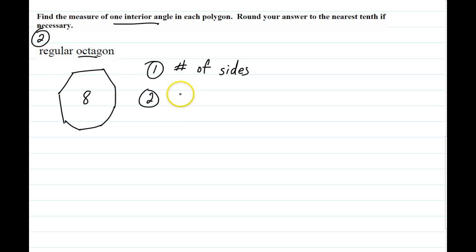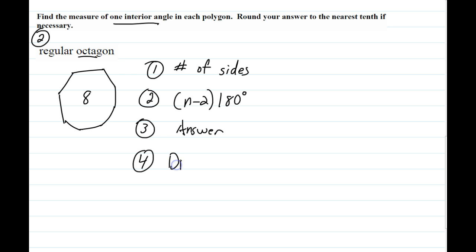Two, we're going to use our formula. We're going to get our answer for our formula. Now this one has an extra step: since we only want to know what one of the angles is equal to, we're going to divide our answer by the number of sides.